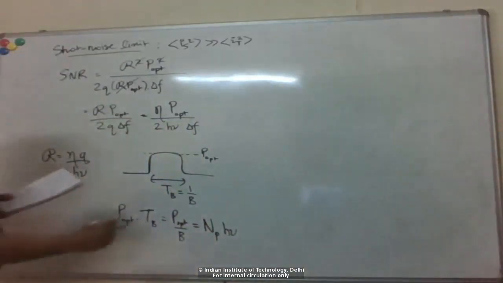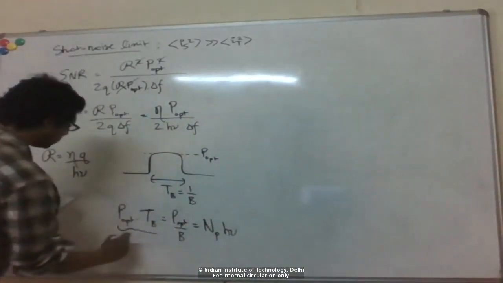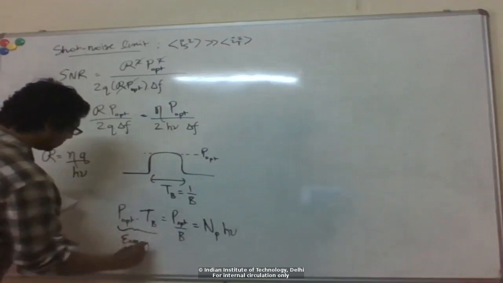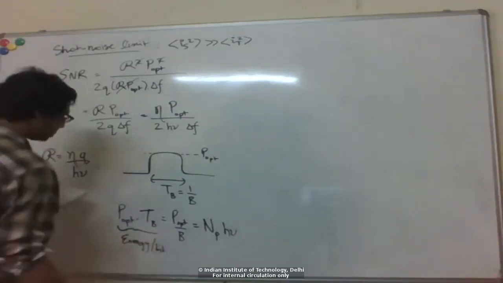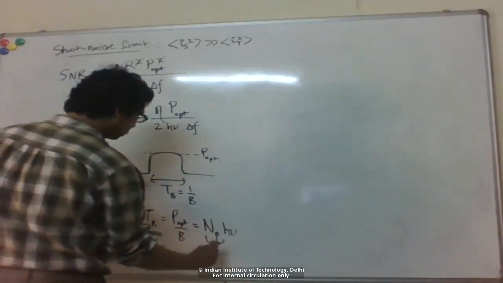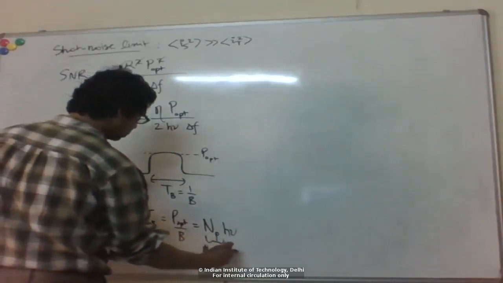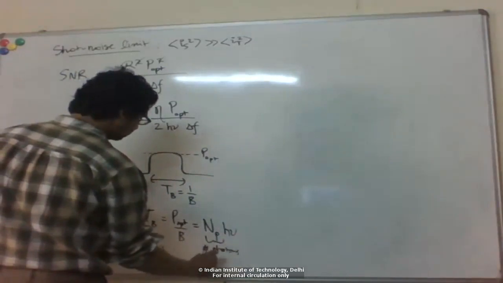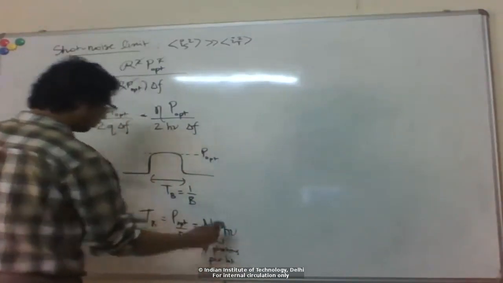So this is the energy per bit, or per pulse, and this is the number of photons per bit.